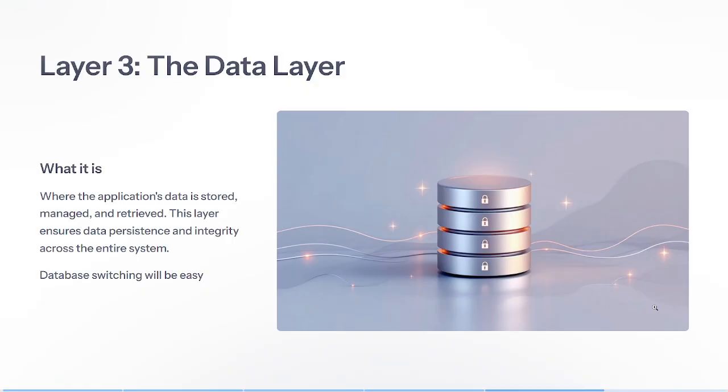I need to retrieve these records, or restore the records to the database. I need some connectivity between my program and the database. The code that allows me to connect my program with the database, we write it in this layer.